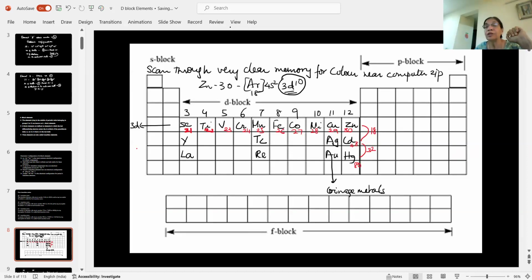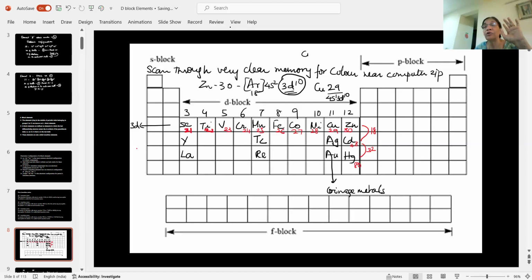There is also a question that, copper, the configuration of copper is 29. So copper configuration is also 4s1 and 3d10. So this also has 10, but this is considered as a D block element. Why? Because in one of its oxidation states, it has 9.